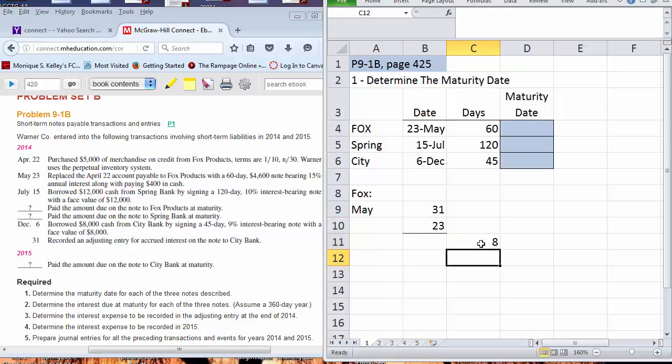We're talking about 8 days in May. And the next month is June, so that's 30 more days. And we're trying to account for 60 days. So July, there's 31 days.